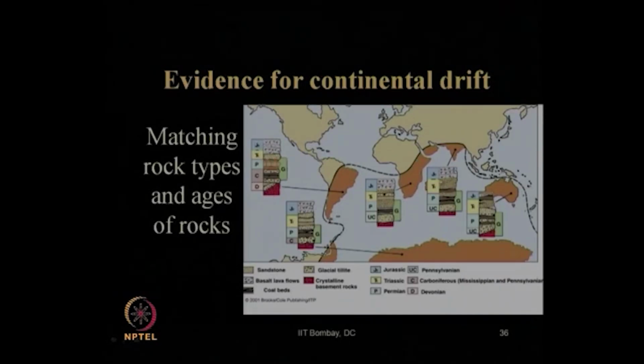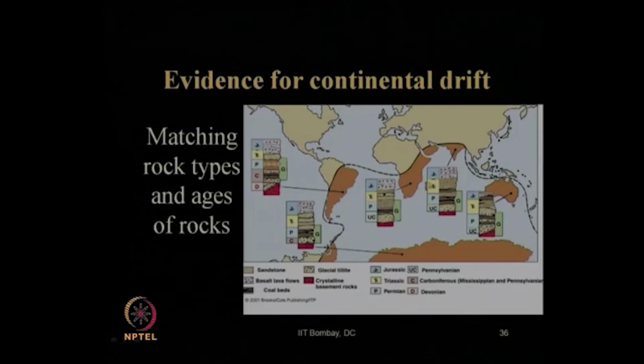If you find out in this region of Africa, also in the southern part of India and the Australian plate, all these have a similar type of layering of rocks, also with similar age periods, like Jurassic, Triassic, Permian, etc. And in the various layers you can see the basalt, lava flows, then sandstone, then coal beds, etc.